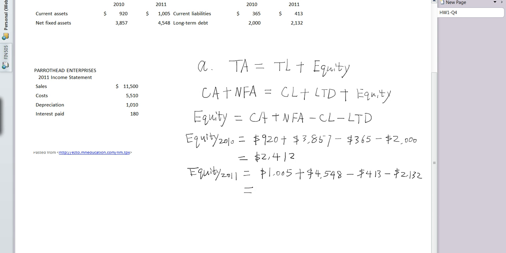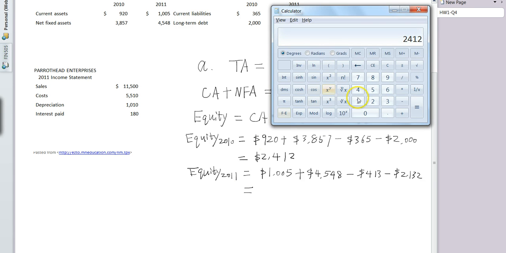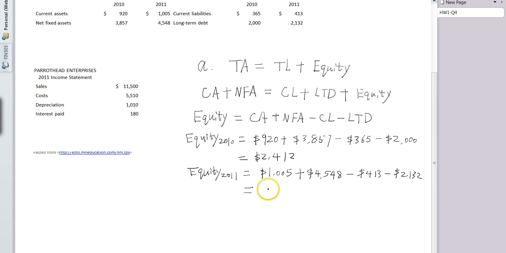So then plugging these numbers into my calculator, that's gonna be 1005 plus 4548 minus 413 minus 2132. That equals 3008.